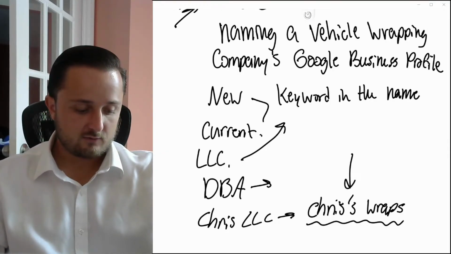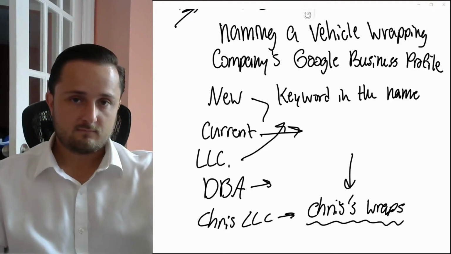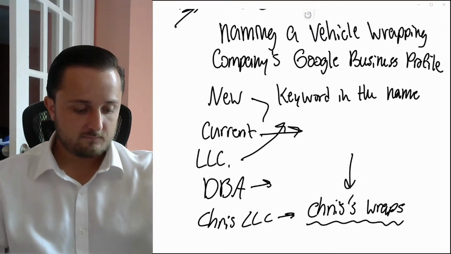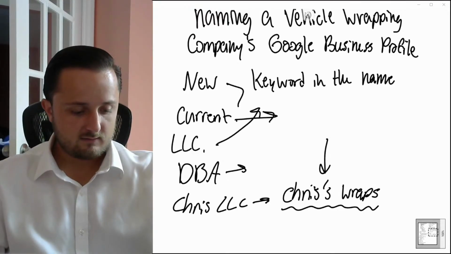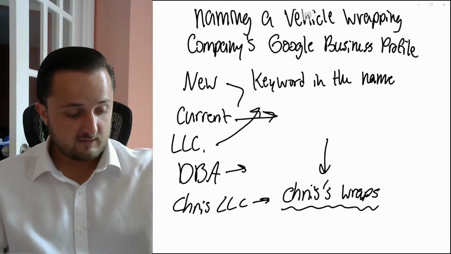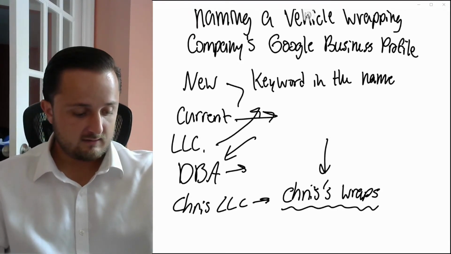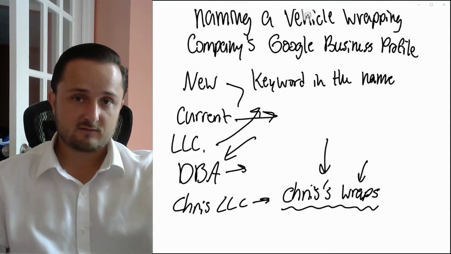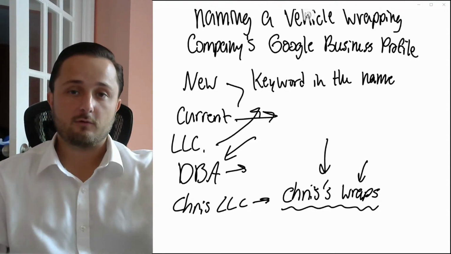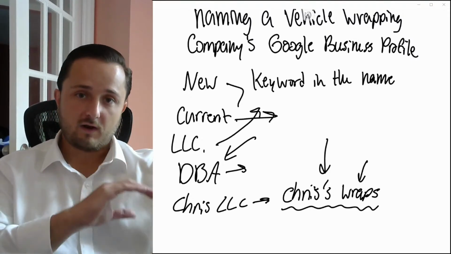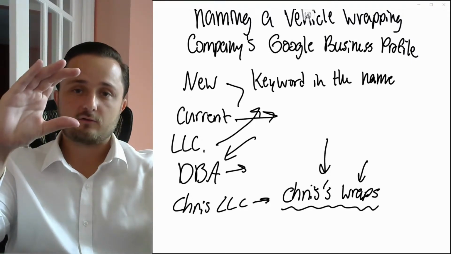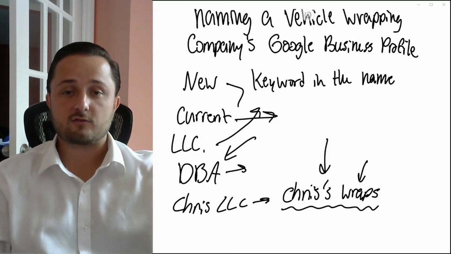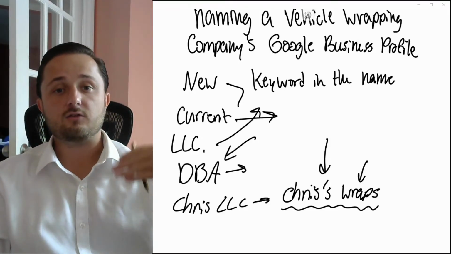Now, let's say that your current Google Business Profile doesn't have a keyword in the name. If you were my client, I would advise you to, again, file this DBA and then get a keyword like wraps or tints in that Google Business Profile name so that we can rank your Google Business Profile higher in search for those keywords or those terms when people search for the products or services that you offer.